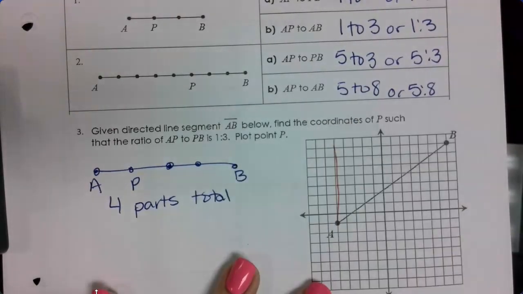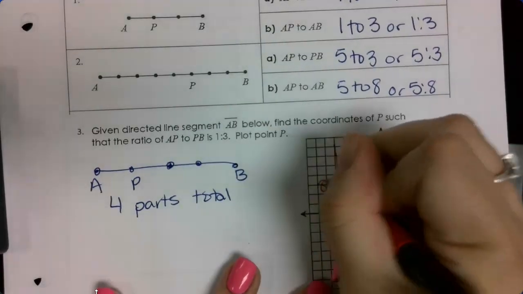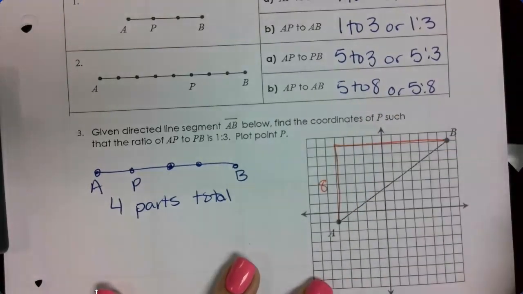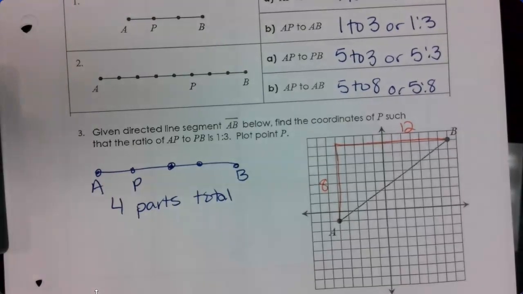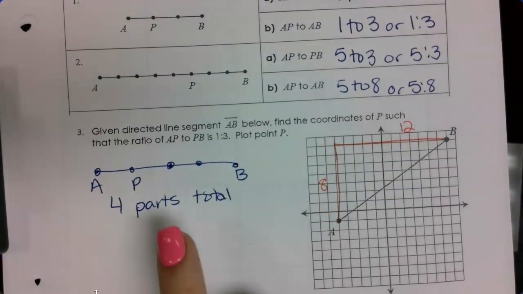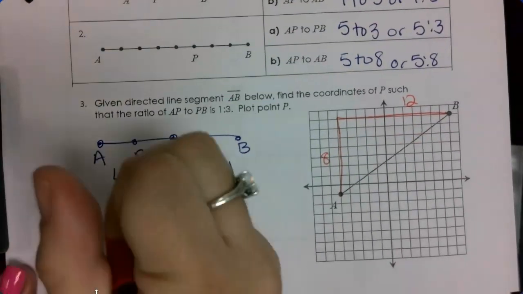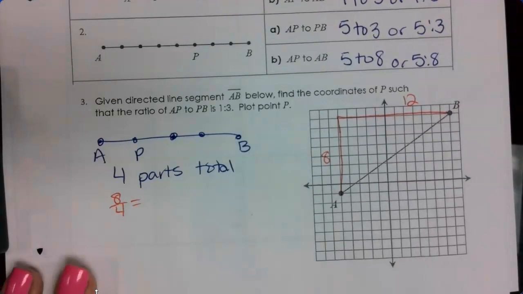No. Count again. You're close. 8. And then how many am I going over from A to B? 12. So what I can do is take these 2 numbers and divide by 4 to split them into 4 parts. So I can do 8 divided by 4, which is 2.